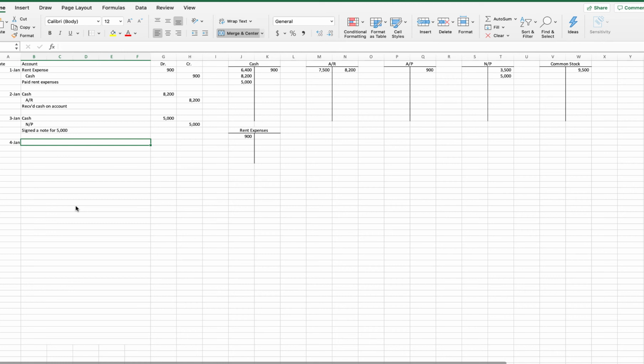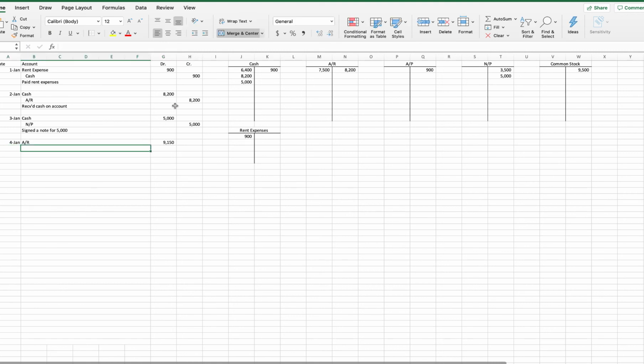Well, it's going up, right? Because I'm showing that somebody owes me money and I'm waiting for them to pay me. So accounts receivable is going up. Accounts receivable is an asset. I increase an asset with a debit. I decrease an asset with a credit. For an asset, debit is the normal balance side. So I'm going to debit accounts receivable. So it's going up. By how much? $9,150.